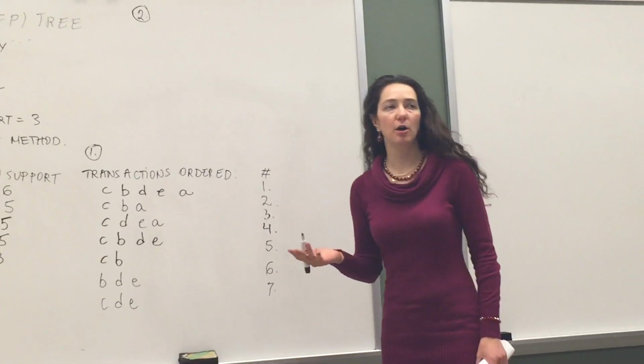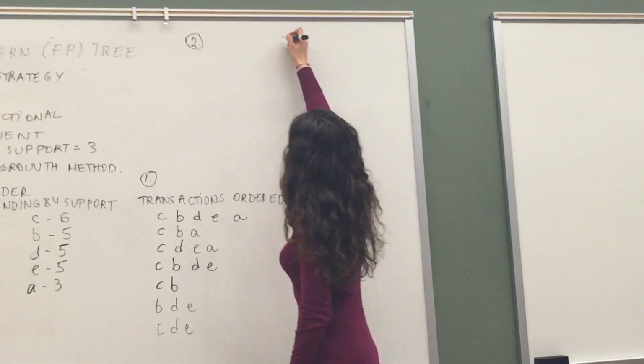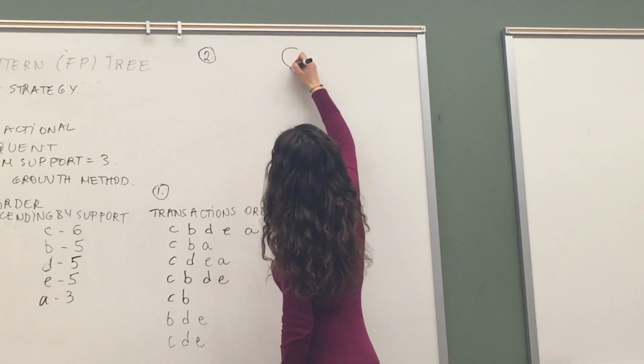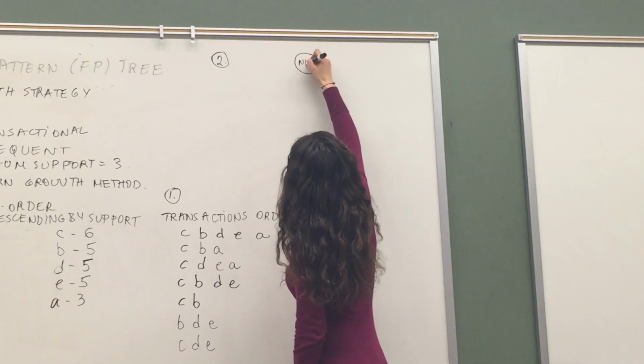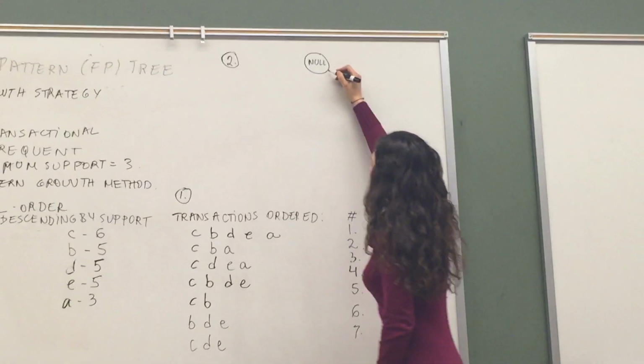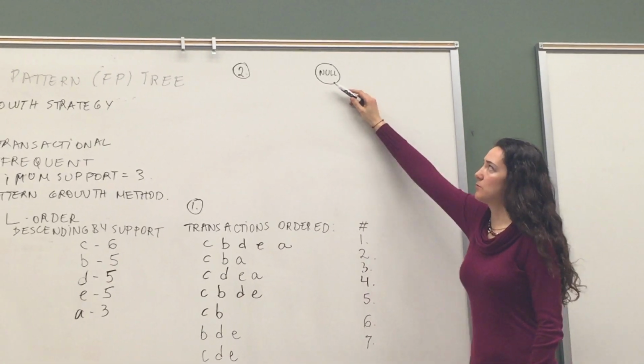The nodes are denoted with circles. This is a node, and this is the root of the tree.